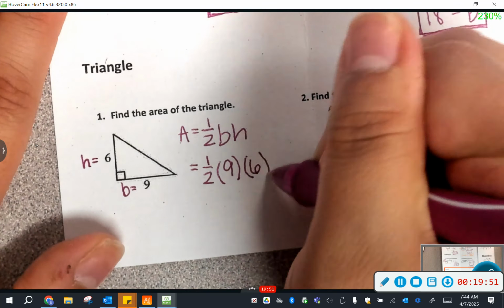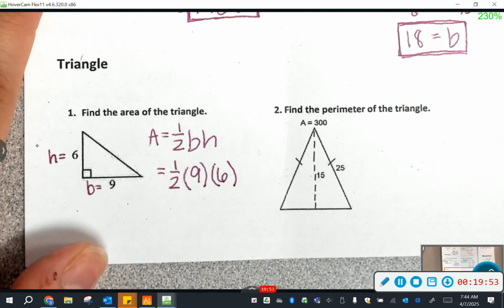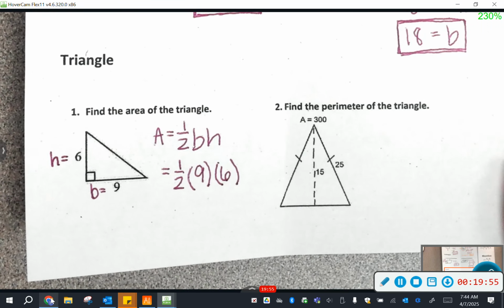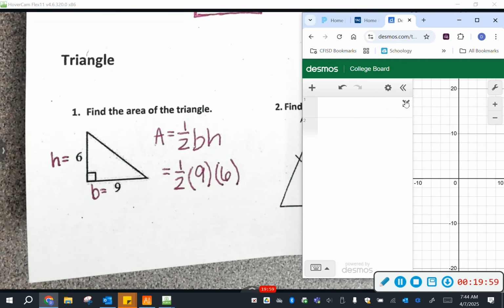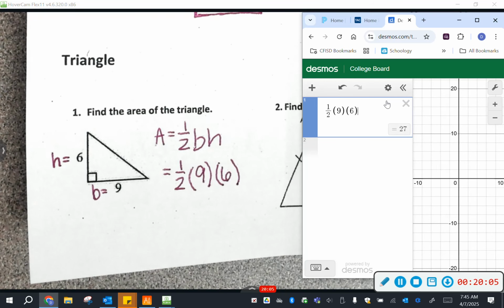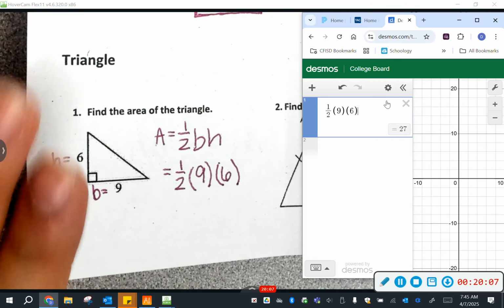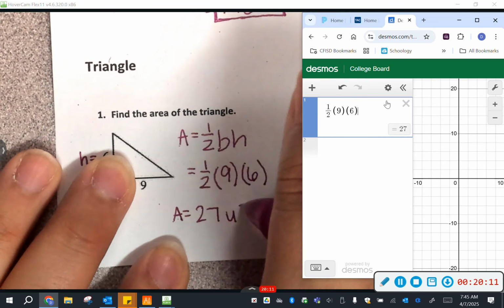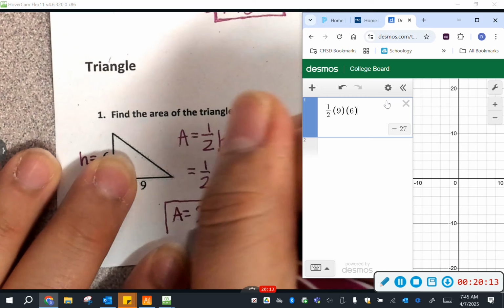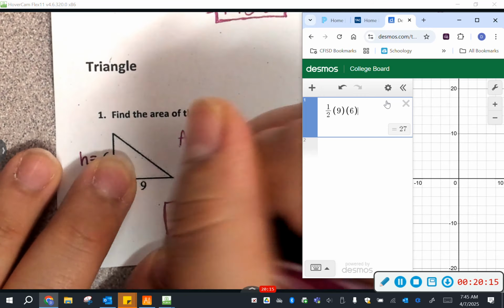And then you're just going to put that in the calculator. What is 1/2 times 9 times 6? And that's all you have to do there. For a triangle, you're adding in the 1/2.